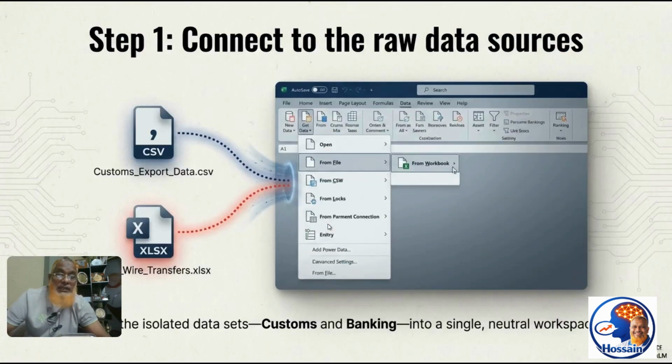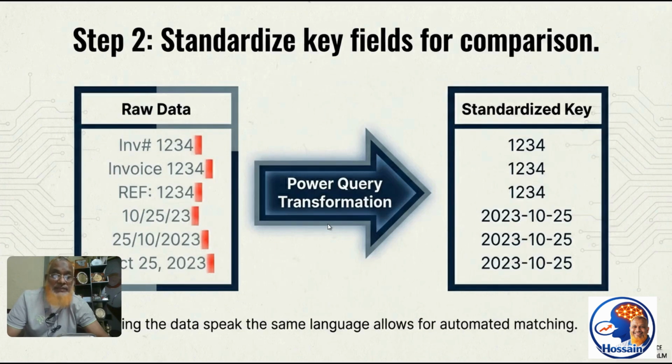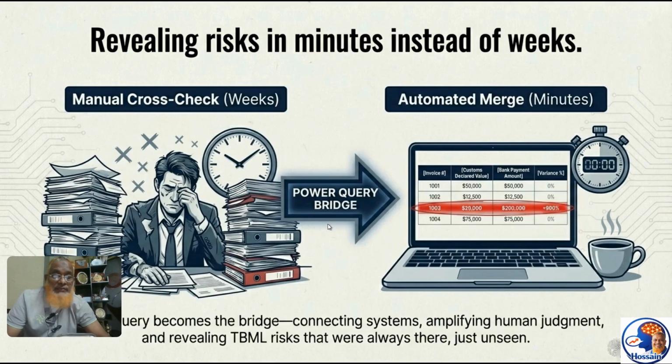By pulling customs and banking data together, standardizing key fields, and merging them, Power Query exposes mismatches in minutes instead of weeks. It becomes the bridge connecting systems, amplifying human judgment, and revealing the TBML risks that were always there, just unseen. Let's see how.